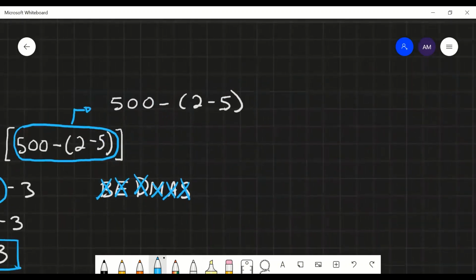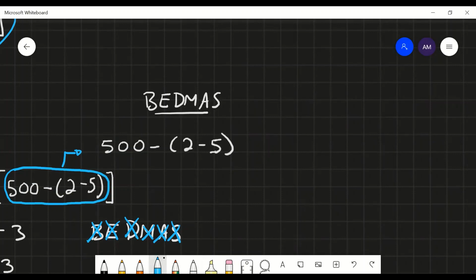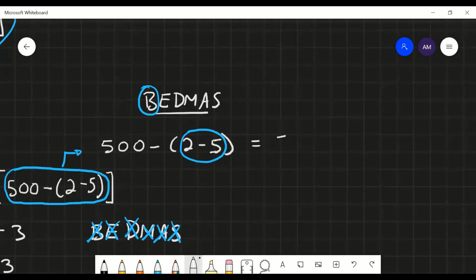Over here, we have to do another set of BIDMAS. So, question 1, are there any brackets in our expression? Yes. So we have to answer that first. Meaning, what is 2 minus 5? 2 minus 5 would be negative 3.